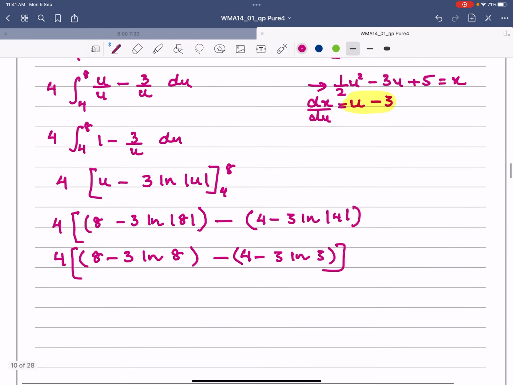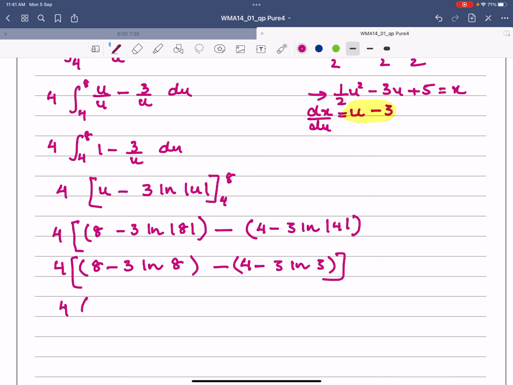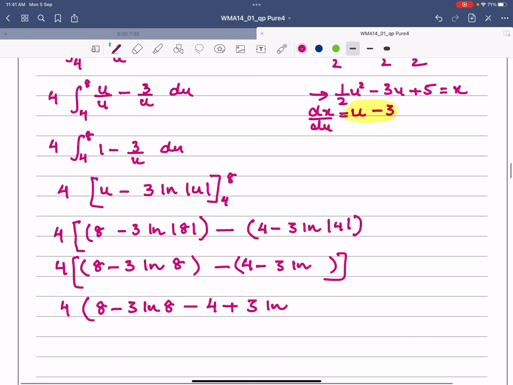Now we can open out the brackets. So we have 32 minus 12 ln 8 minus 16 plus 12 ln 4. Okay, we can simplify by subtracting this. So we'll just clean that up. We have 4 into 4 minus 3 ln 8 plus 3 ln 4.